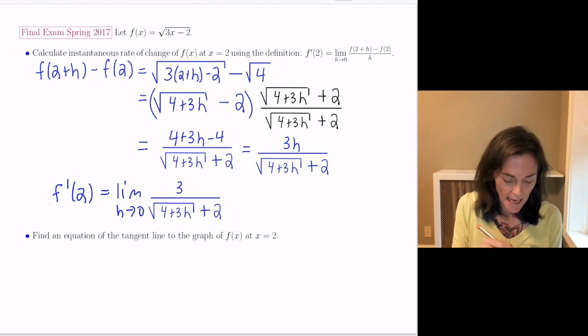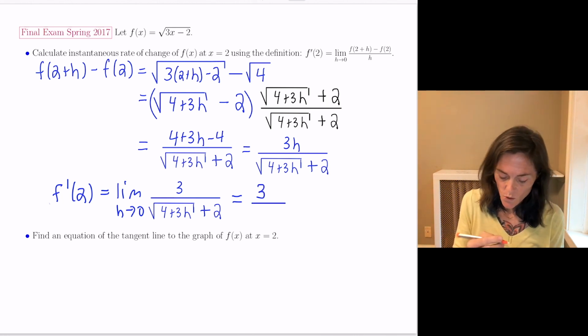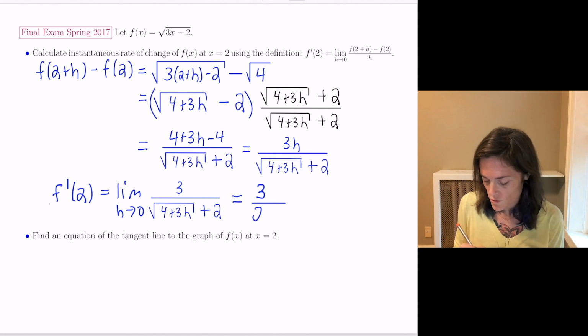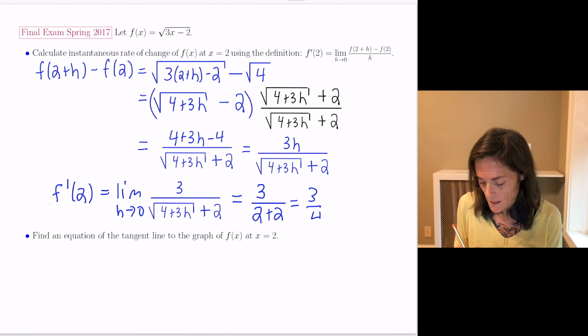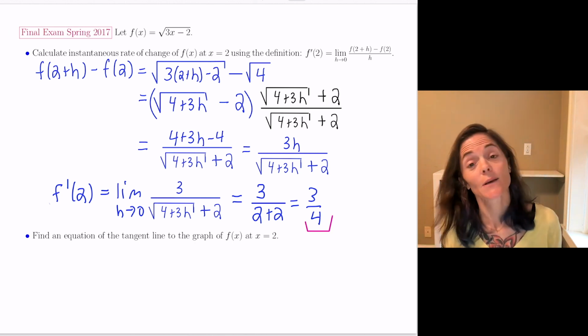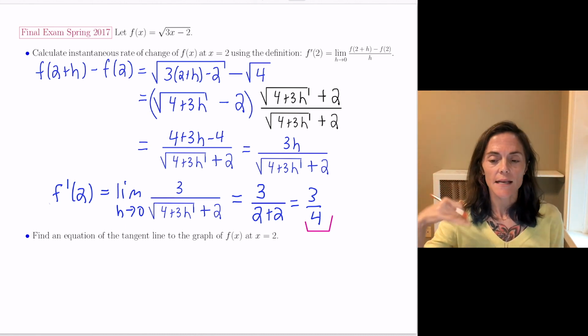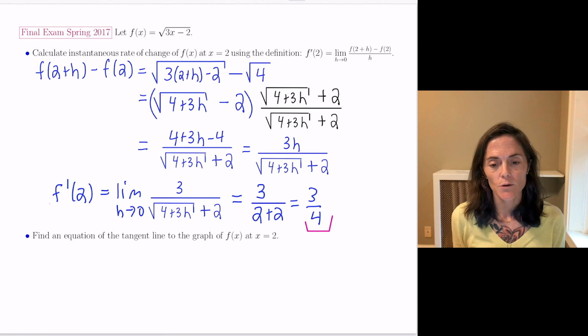This is defined at h equals 0. So now I evaluate this limit. We have 3 divided by, well, the square root of 4 is 2. So we have 3 over 2 plus 2, 3 over 4. So this is the instantaneous rate of change of this function at x equals 2. Another way to say it is the derivative of f of x evaluated at x equals 2.